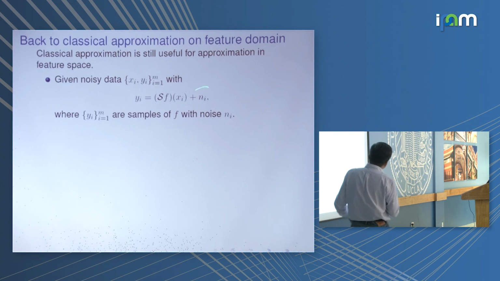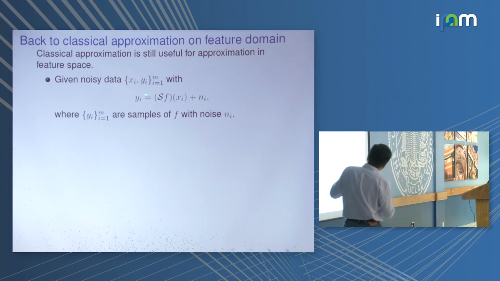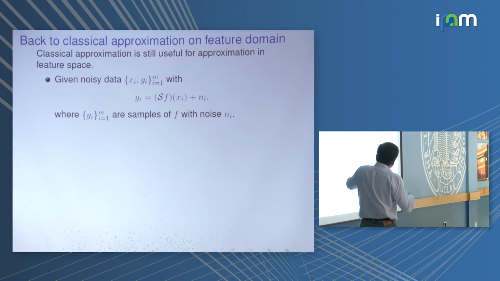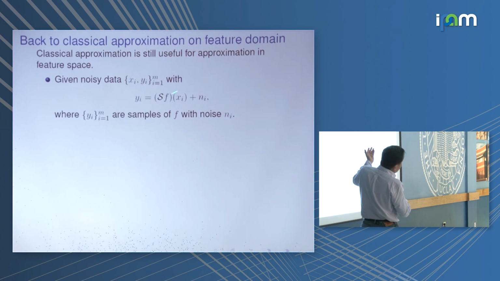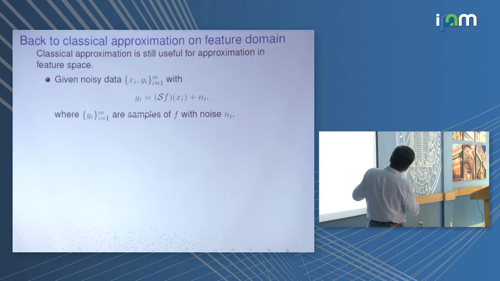The data has noise. Maybe I should unify the notation. But anyway, your data here is a sample of F with noise. Then this is your Y. You want to recover F, still in the feature space. This F is like my G. You want to recover that.